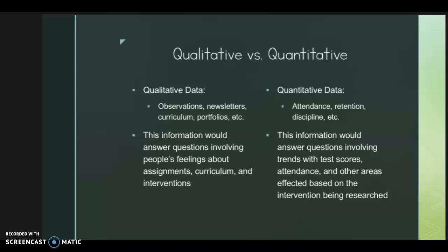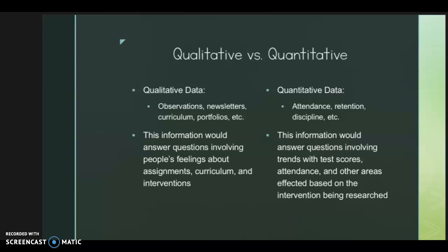So a question would be like, what effect did your intervention have on student motivation? Mills stated on page 130 in our book that the teacher researcher could go through the student portfolio and gather information on how the student felt about the assignment.